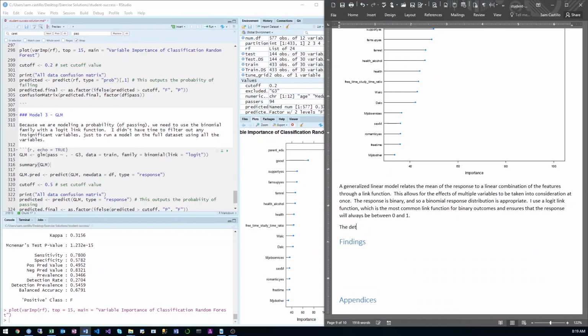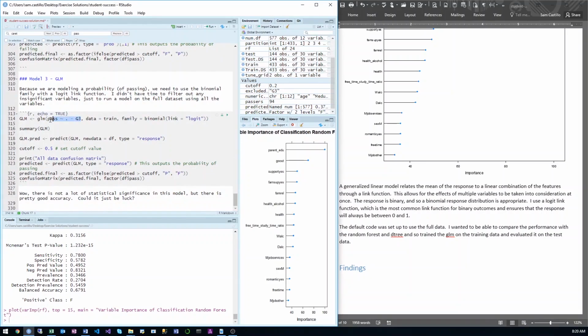The default code was set up to use the full data. I wanted to be able to compare the performance with the random forest and decision tree, so I trained the GLM on the training data and evaluated it on the test data.